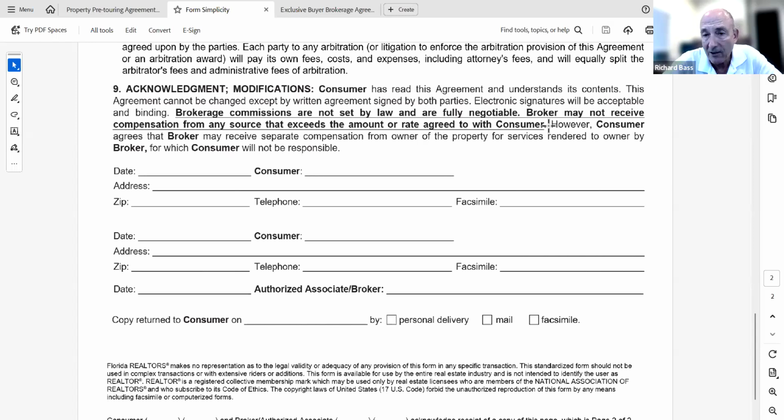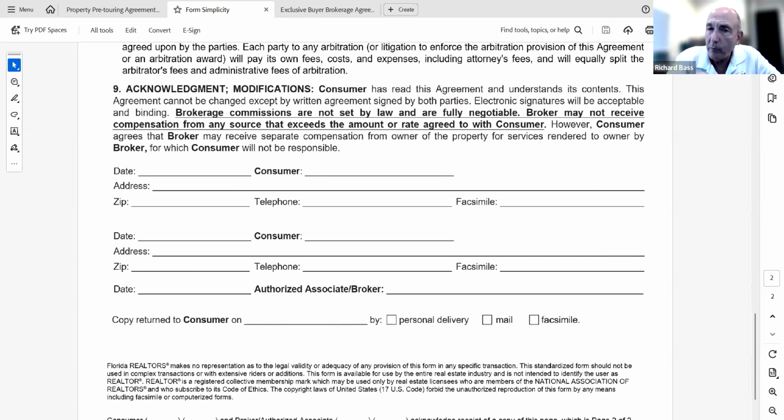Now, this comes up again in the next document, and this is important to understand, because for those of you who feel your value proposition is doing something less than everybody else, and you fill in that your commission is 2% or 2.5%, and you're showing them properties and you find out that the seller's broker or the seller is offering a 3% commission, the maximum commission you are going to earn is what you filled in on the buyer broker form.